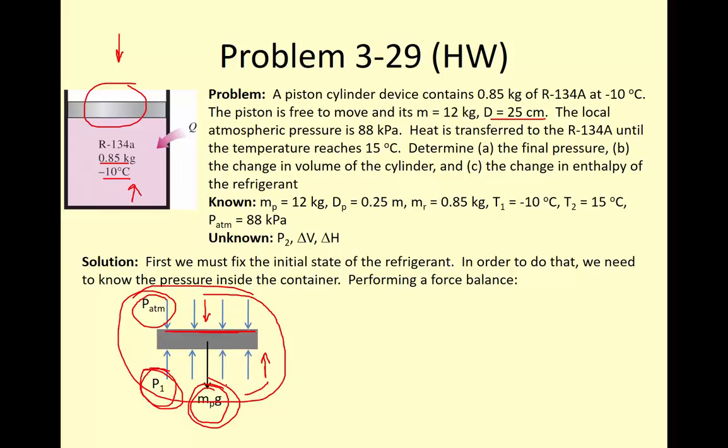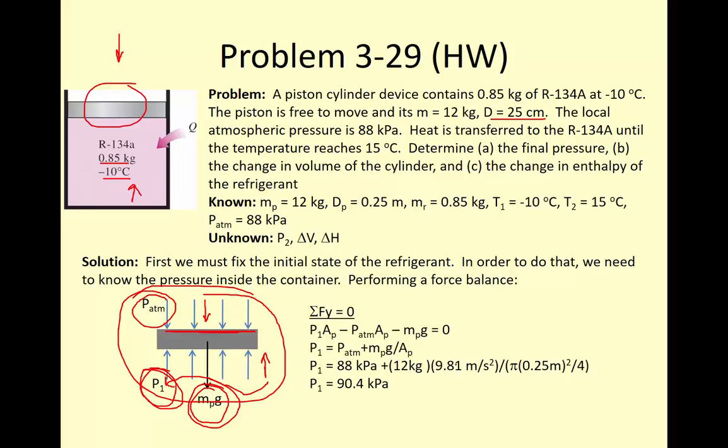And then again, knowing the diameter, convert back to the pressure. Okay, so I've done that for you. Please do it yourself and make sure you get this same answer.